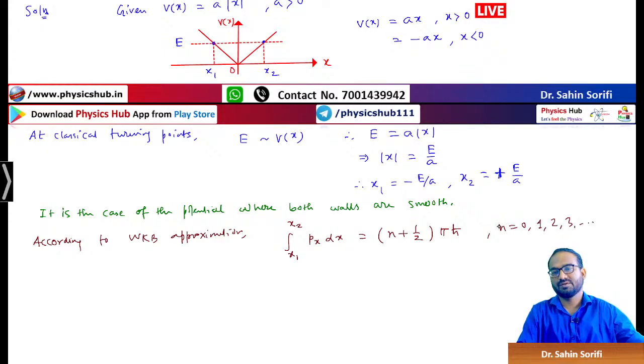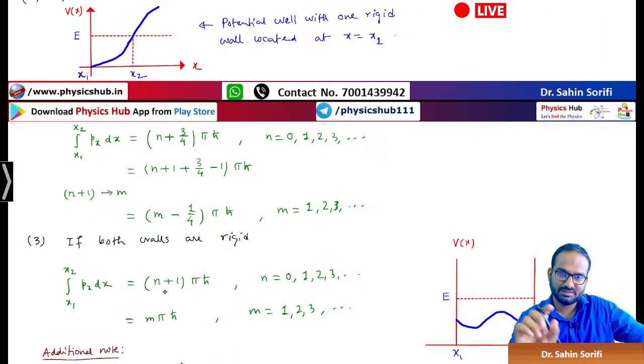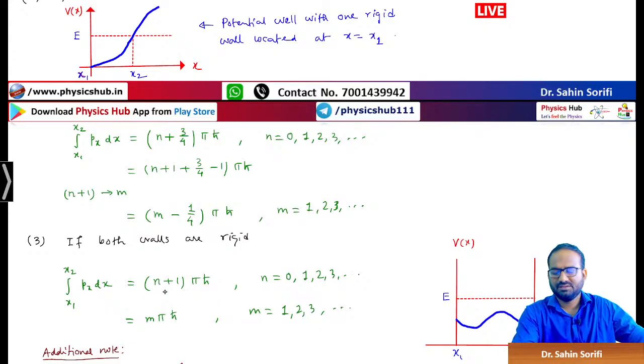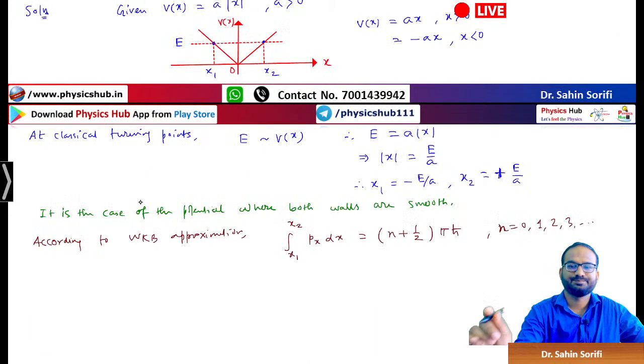So you have to remember which formula you are going to use. You do not need to remember all these 6 formulas. You just need the first formula, with n starting from 0. And if somehow it gives you n starting from 1, you can directly put n plus 1, then replace n plus 1 by m, and you will get the formula. So just remember the formula with n equals 0.